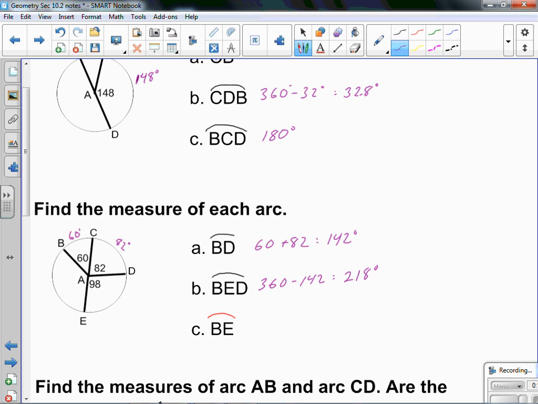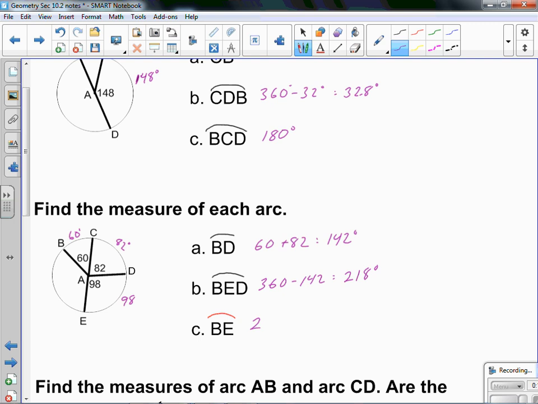And then for BE, just this section, that's the only one that didn't have a number on it. But we just figured out BED, which is 218, and we know that DE here is 98.